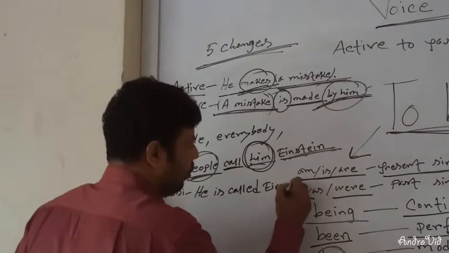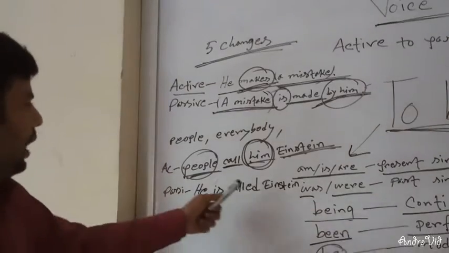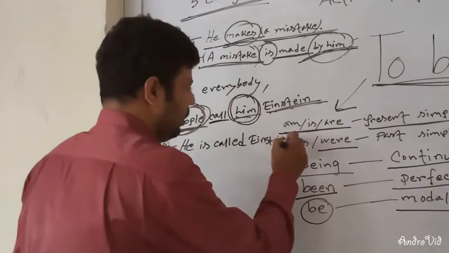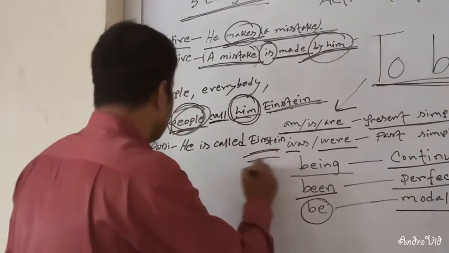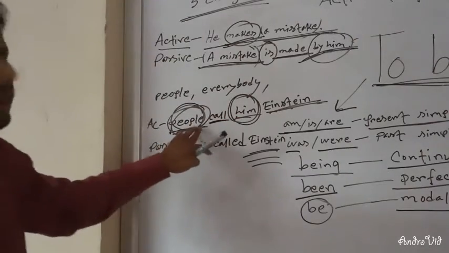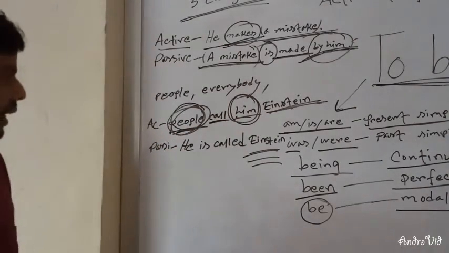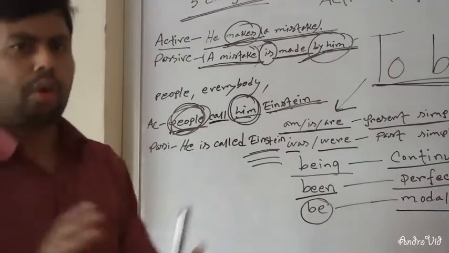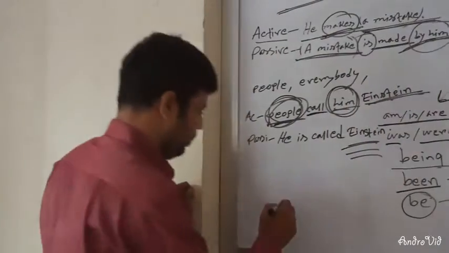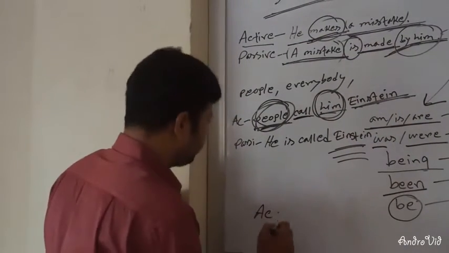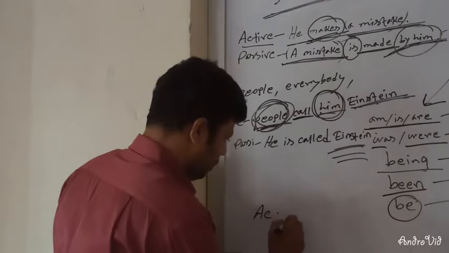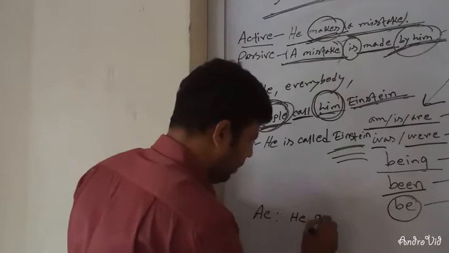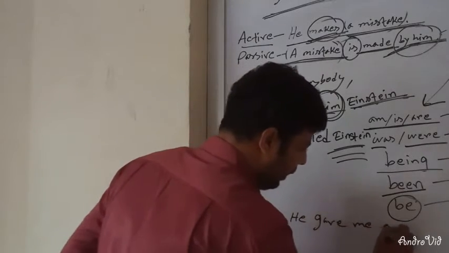So we have omitted the subject of the active voice. We have omitted it in the passive voice, as we have people as the subject. Here one thing I would like to share. If you have two objects in the active voice, for example, he gave me a gift.